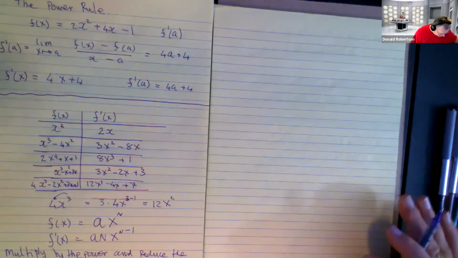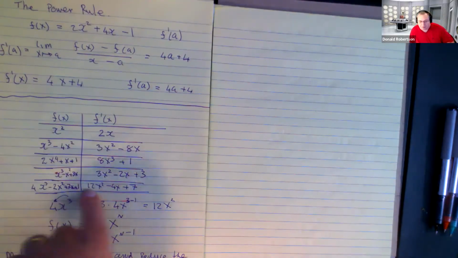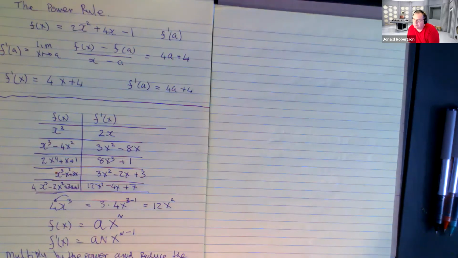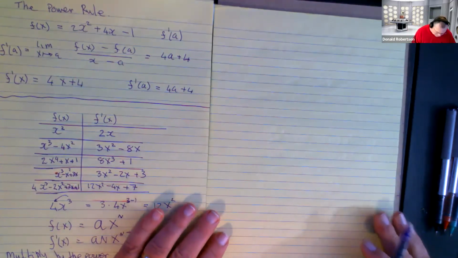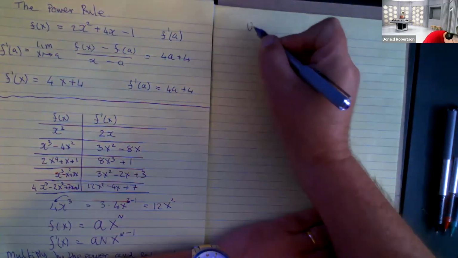So as long as someone gives you a polynomial, do you feel comfortable you could get its derivative? So let's move on, still using the power rule.